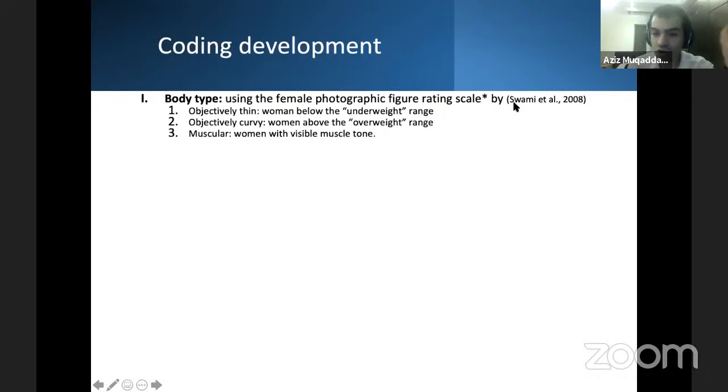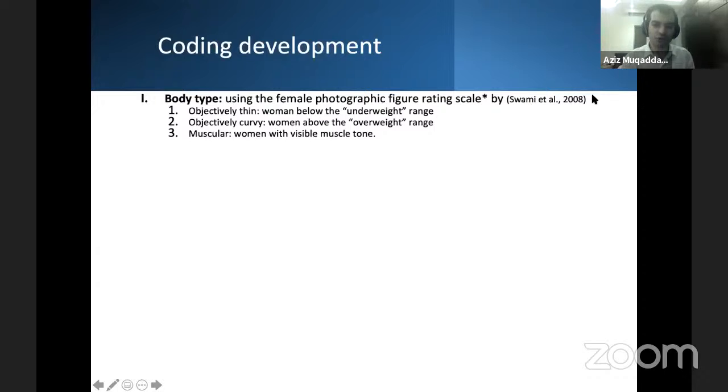So you could come up with your own definition, or you rely on another model or another categorization developed by someone else. If there's something already developed, you say, okay, I'm just going to use it and apply it to my case. For example, here they had objectively thin women, below the underweight range, objectively curvy women above the overweight range, and muscular women with visible muscle tone.